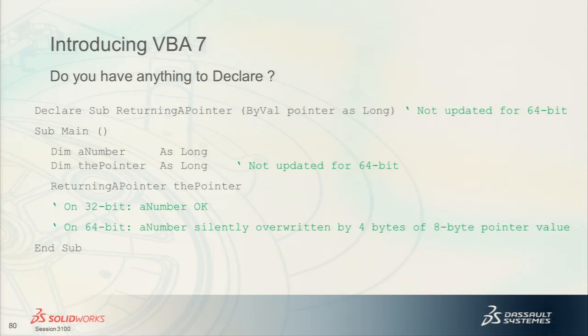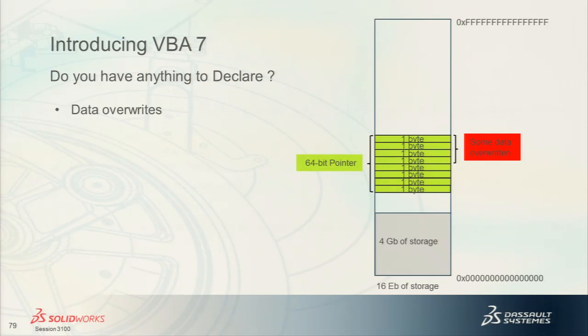What happened was that this function was returning a 64-bit pointer, which was silently overwriting my number. So every time it would reset the counter, and my loop would never end. I didn't realize it initially, but this is how these errors slip in. So you have to be very careful in what you use.